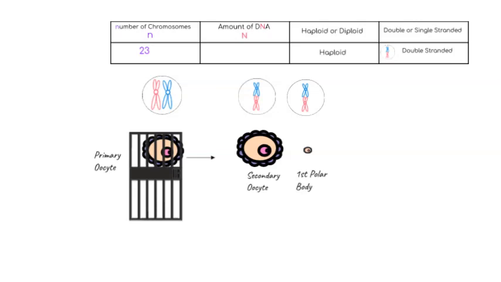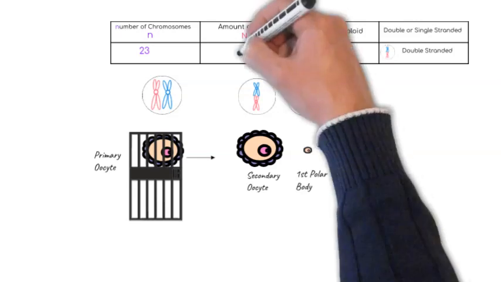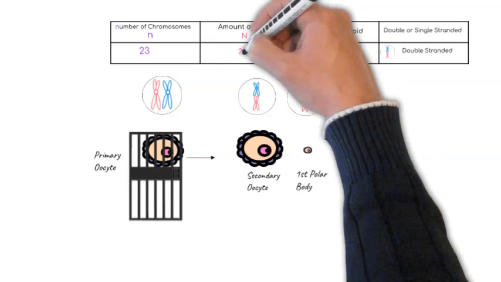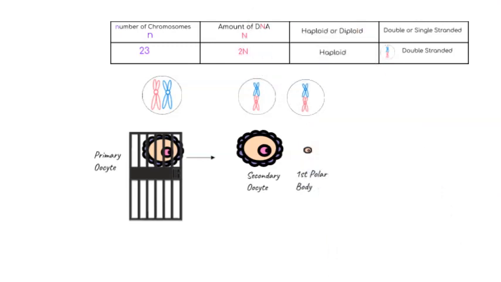The big N. So we were 4N because we had all 46 and we had them double-stranded, arrested. But now we split them. So with regard to the big N, the amount of DNA, what is the designation now? It went from 4N to 2N. So even though it has 23 chromosomes and it is haploid, because it's double-stranded, the amount of DNA is 2N. Does that make sense? Yeah.